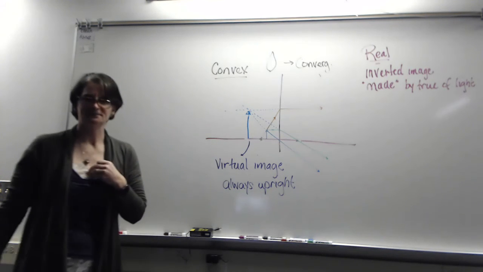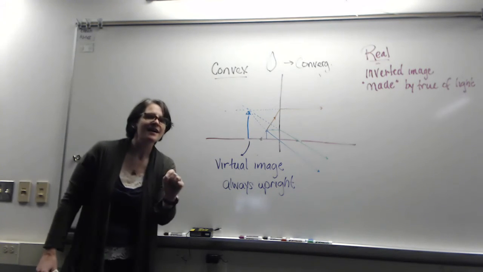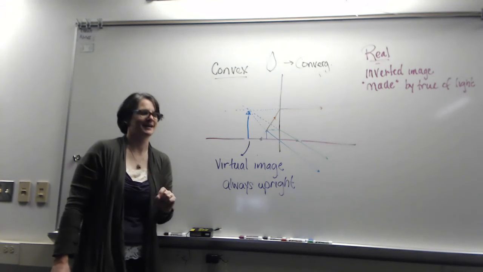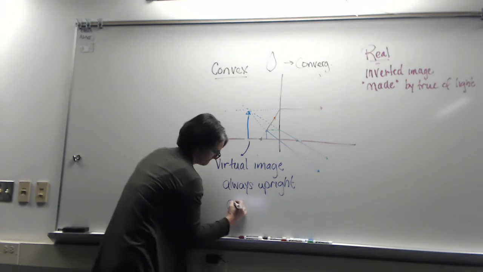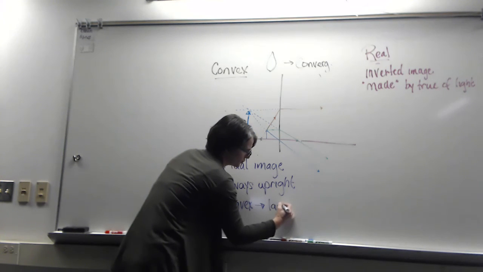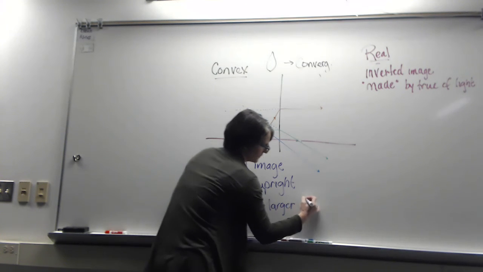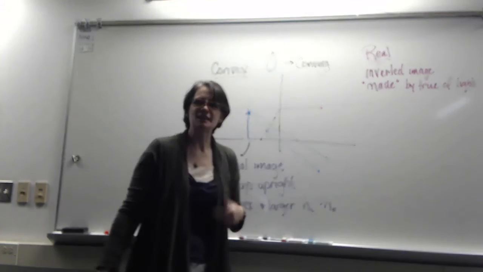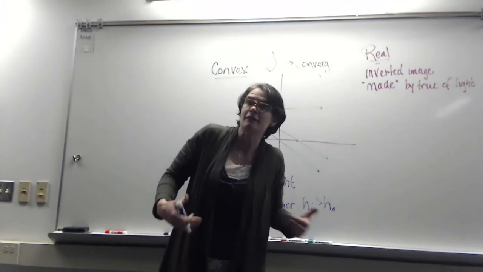They're always upright. And for a convex lens, they are larger. So the height of the image is greater than the height of the object. This is what we call a magnifying glass.